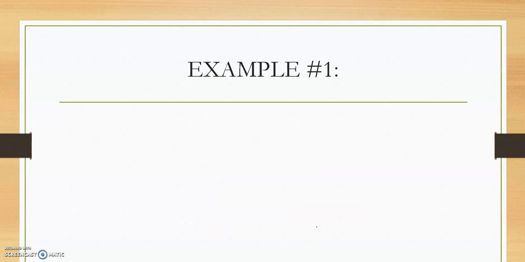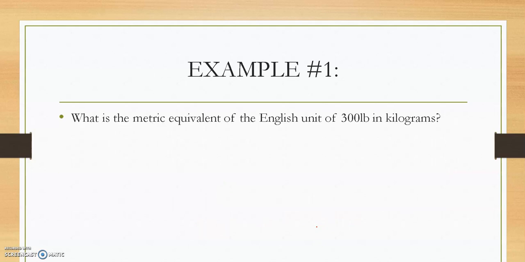Okay, next, another example. What is the metric equivalent of the English unit of 3 pounds in kilograms? So how do we solve this? We need to determine first what must be converted. Pounds must be converted into kilograms. So you can write that on your paper, say for example, pounds to kg.